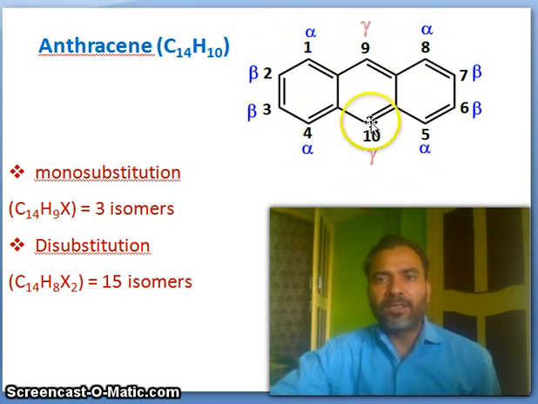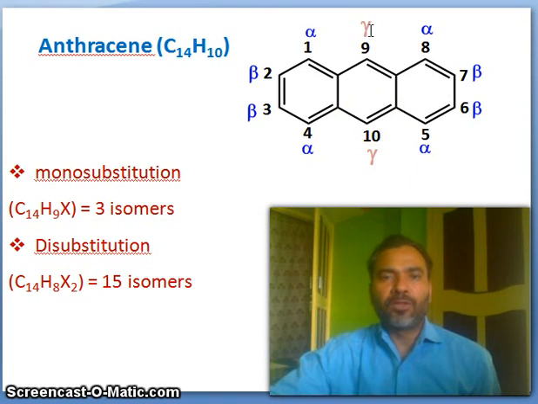And this is position 9 and 10. Positions 1, 4, 5, 8 are also known as the alpha positions. Positions 2, 3, 6, 7 are also known as beta positions. And 9, 10 is the gamma position. So this is the structure of anthracene.